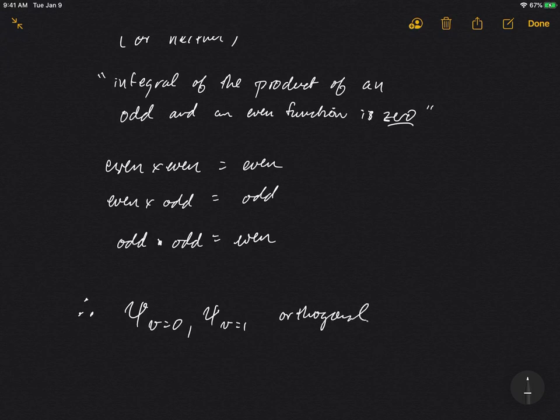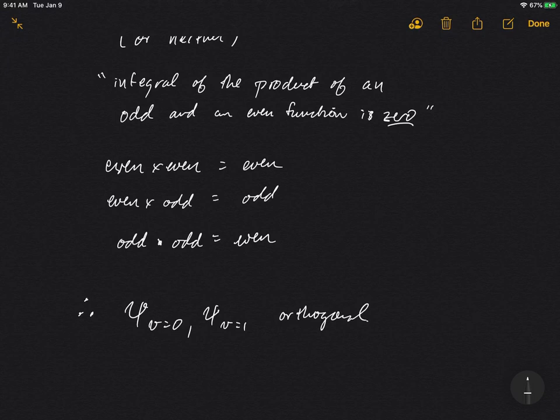And similarly for v equals 1 and v equals 2, and so for any two neighboring states, they're orthogonal. Now it's trickier to prove. You have to engage in some recursion relations and so on. It's trickier to prove that v equals 0 and v equals 2 are orthogonal.